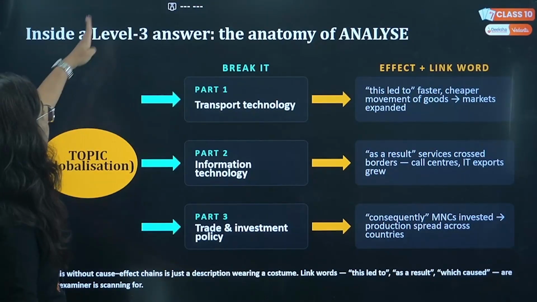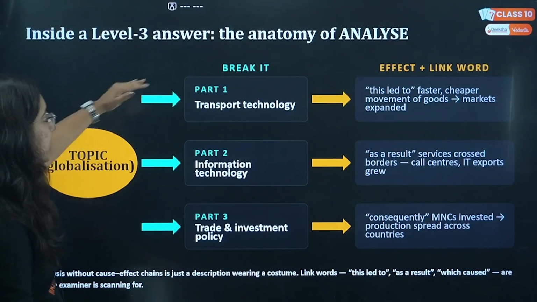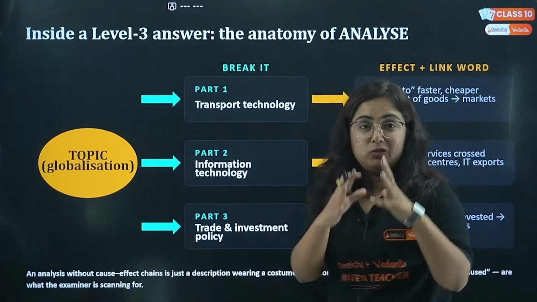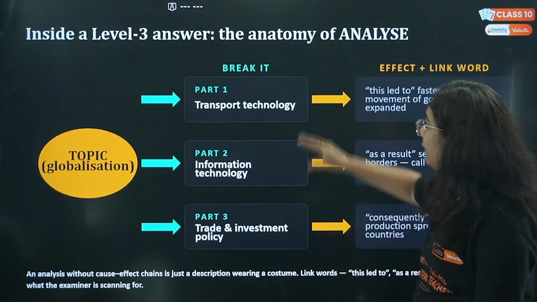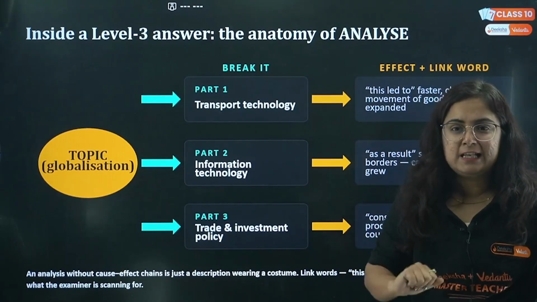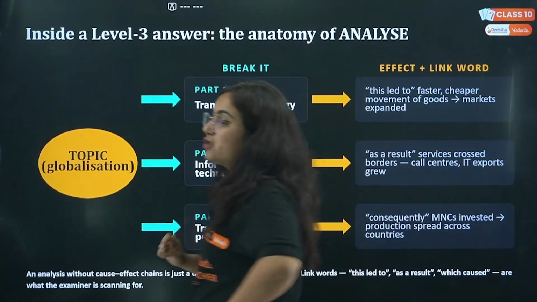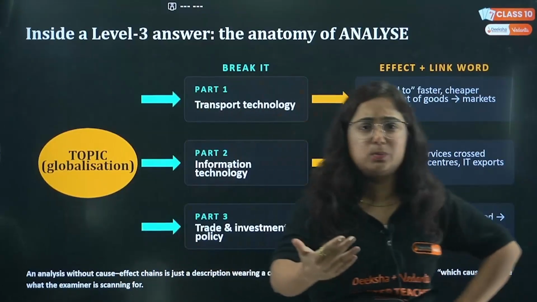So inside a level 3 answer, the anatomy of analyze should be like this. You are dividing into parts. If the question has the heading analyze, you have to break it into parts. For example, class 10 students can connect to it very nicely. There is a question: what is globalization and what are its features? What are the points that actually impact globalization?